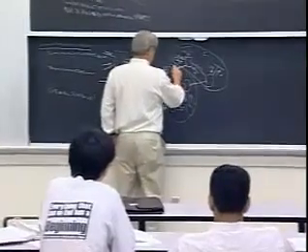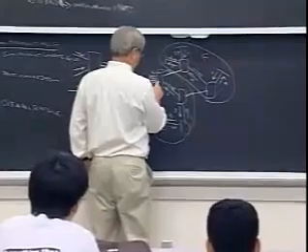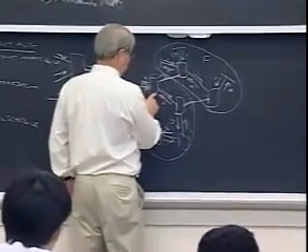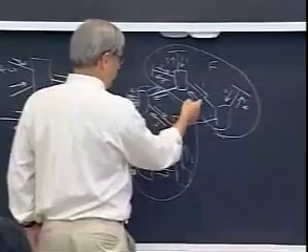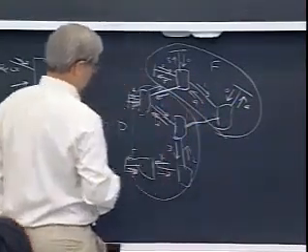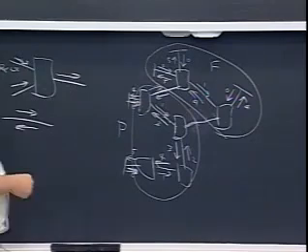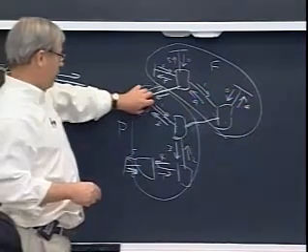We can compute some output message here based on, well, eventually we're going to get some input message from here. And we can compute some output message here based on all of these. And we'll pass that over. And let's assume what's called a parallel schedule or a flooding schedule, where in each cycle, every one of these little guys does its thing.